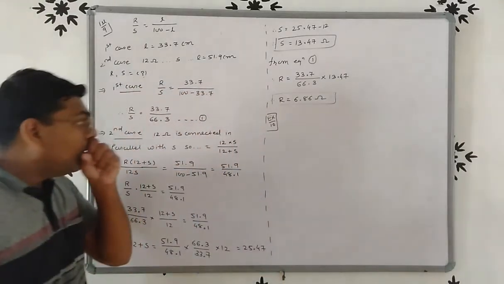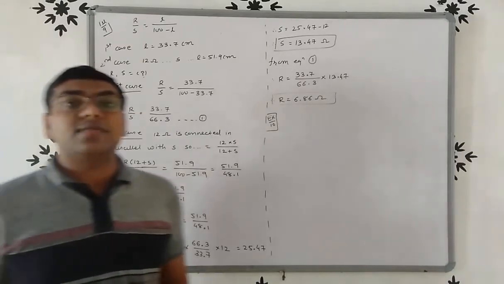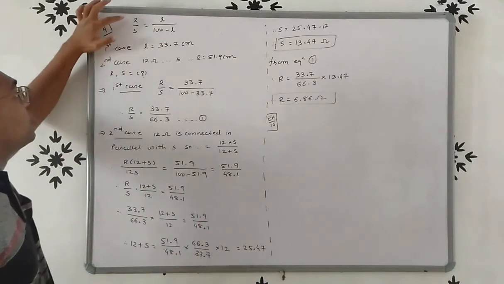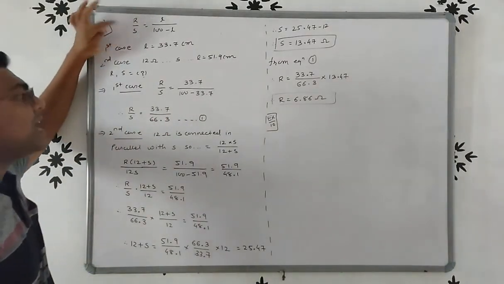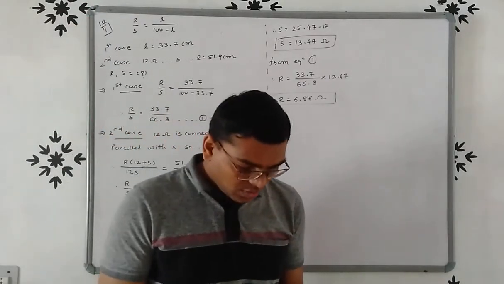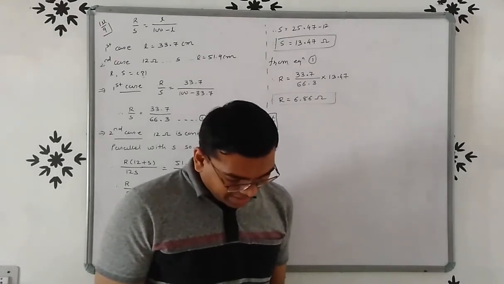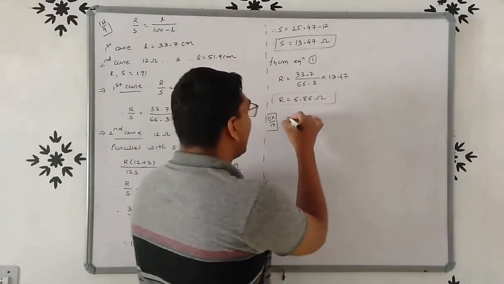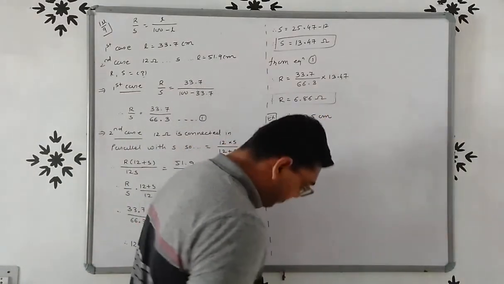Here two resistors are there, one is X and the second one is Y. So here instead of R we have to use X, and instead of S we have to use Y. The balance point is given, L is equal to 39.5 centimeter.